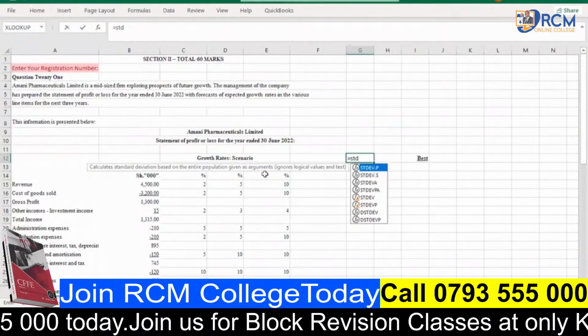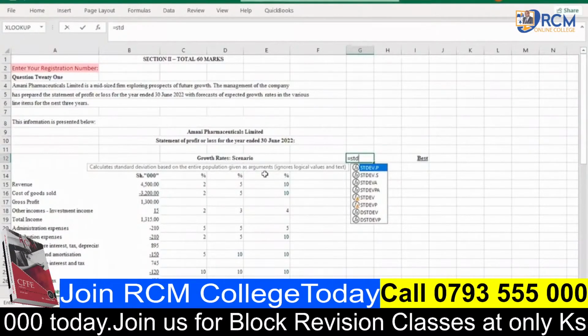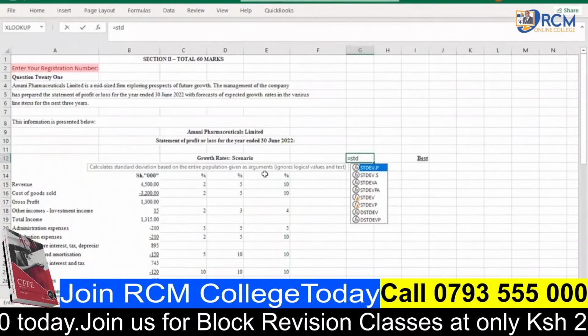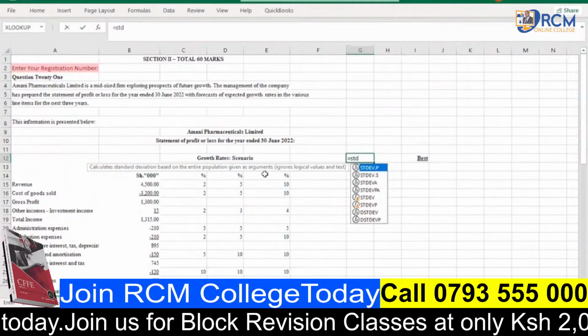So standard deviation P will help us to calculate standard deviation based on the entire population.